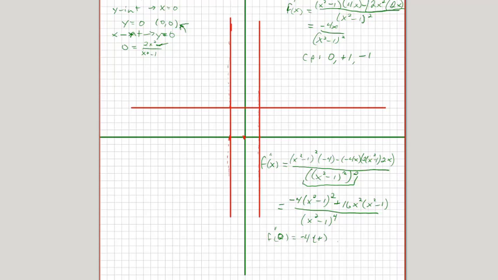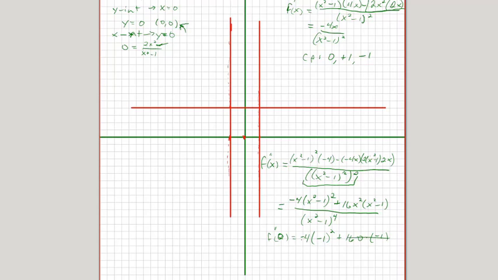Let me be a little more careful here. I've got negative 4 times 0 minus 1 squared, plus 16 times 0 times negative 1.